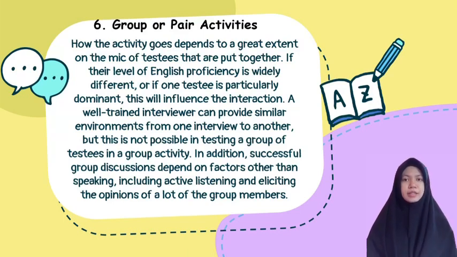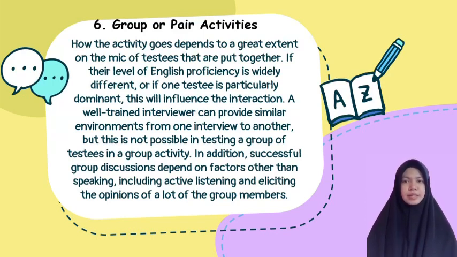This is intended to be a less inhibiting situation than an interview test, but it also has the problem of lack of control. How the activity goes depends to a great extent on the mix of testees that are put together. If their level of English proficiency is widely different, or if one testee is particularly dominant, this will influence the interaction.